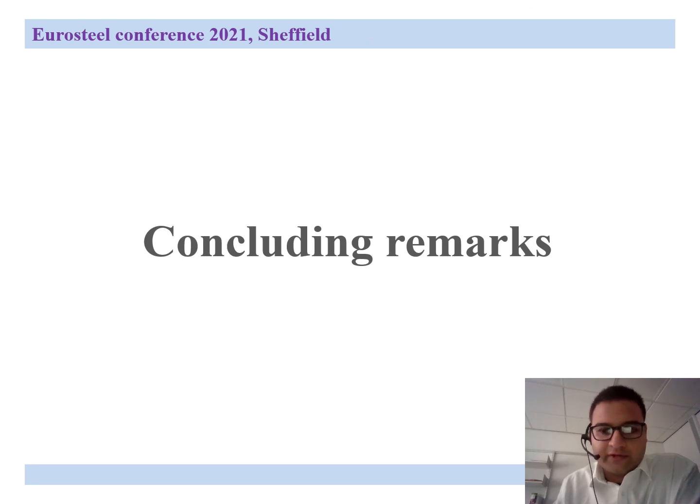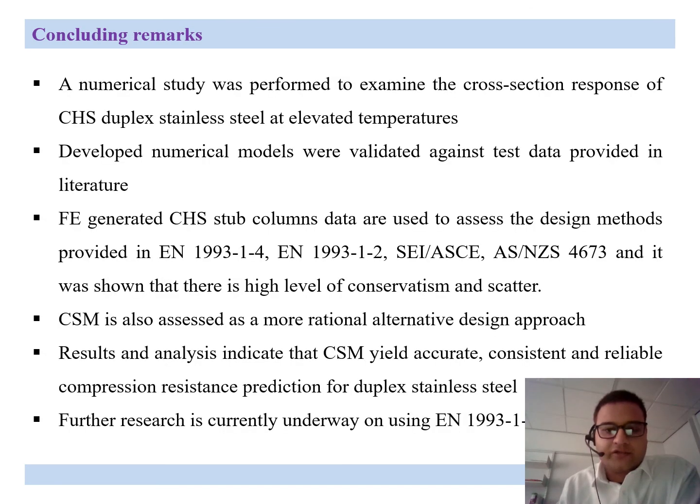So just summarizing, a numerical study was performed to examine the cross-section response of CHS duplex stainless steel at elevated temperatures. Developed numerical models were validated against test data provided in literature. The FE generated CHS stub columns data were used to assess against the existing design method and showed a high level of conservatism and scatter.